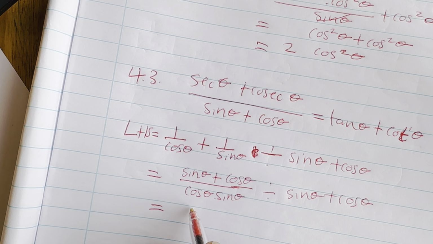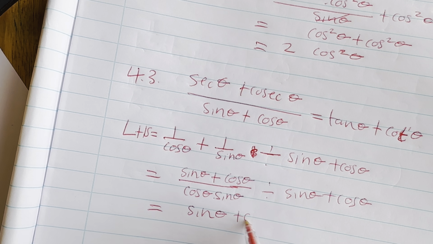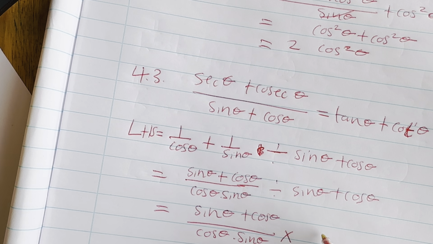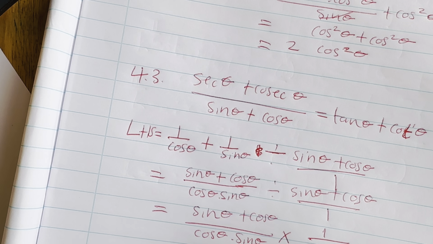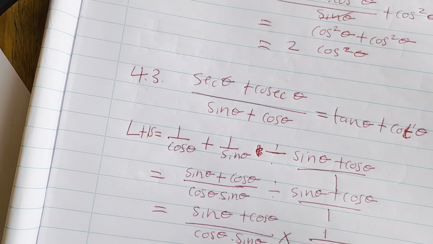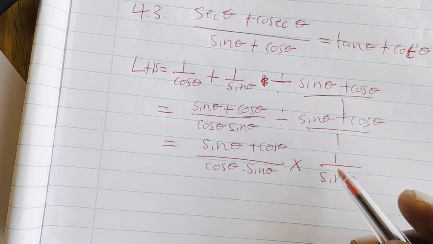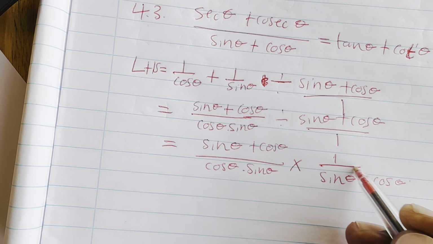So this side will be having sine of theta plus cos of theta divided by cos theta multiplied by sine theta, multiplied by 1 divided by sine of theta plus cos of theta.